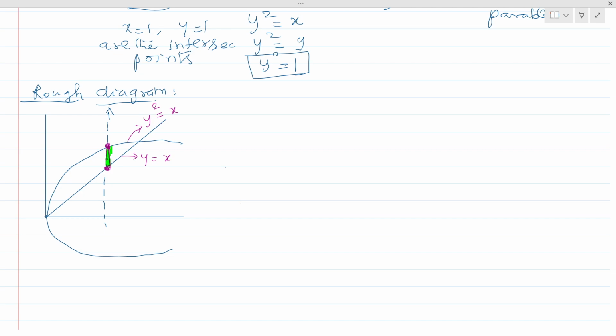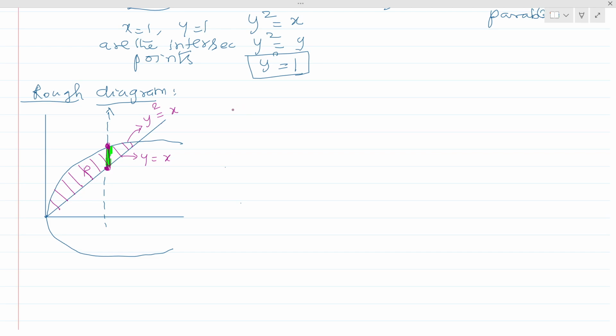Therefore, this is the region of integration, starting from the 45-degree straight line and ending with that parabola.